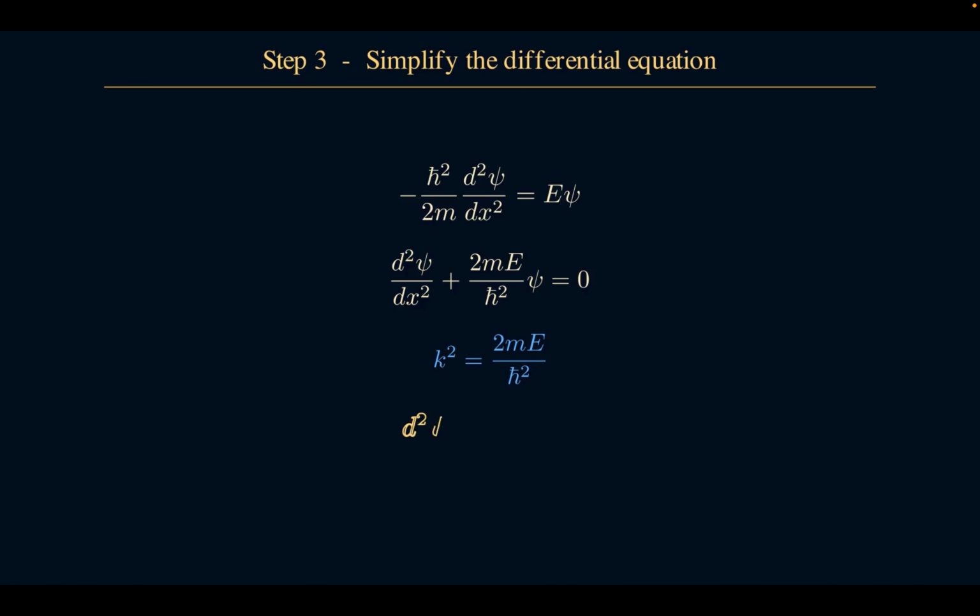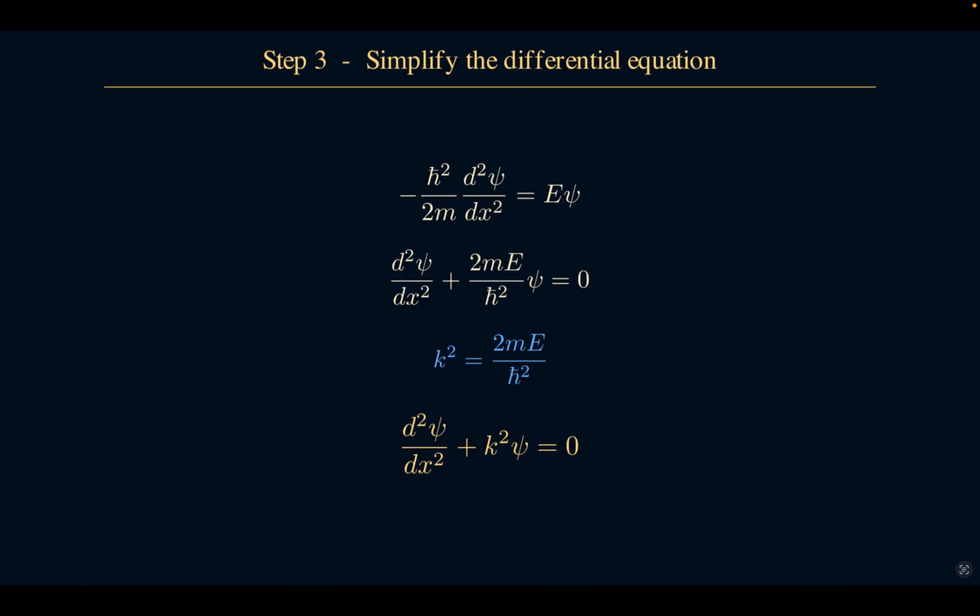Now we can define k squared to be 2mE over h bar squared. And if I replace this, I'm going to get d squared psi over dx squared plus k squared psi is equal to 0.